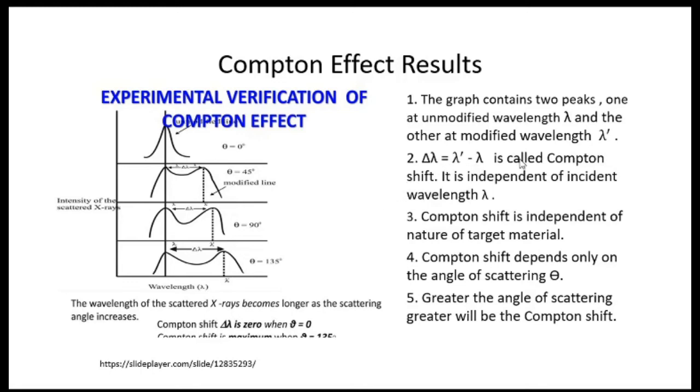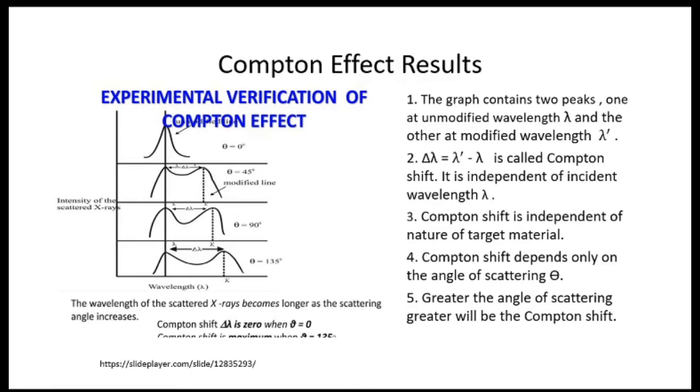This is called Compton shift, and it was found to be independent of incident wavelength, but dependent only on the angle of scattering theta. And it was further observed that the greater the angle of scattering theta, the greater the Compton shift, meaning the greater the difference between the incident wavelength and the scattered modified wavelength lambda dash.